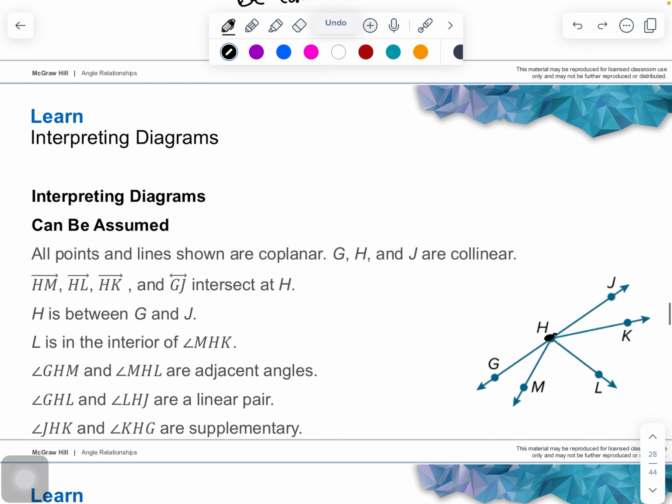Okay, L is in the interior of angle MHK. You can assume that angles that appear to be less than 180 are probably less than 180, so that this point is an interior point. You can assume that G and J are exterior points to that angle.